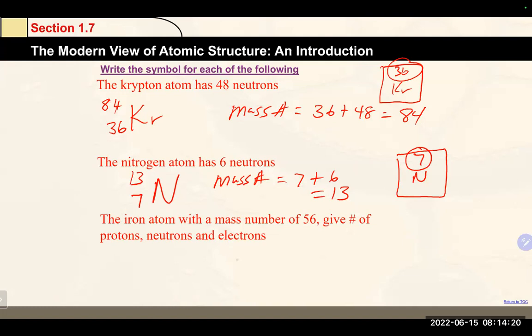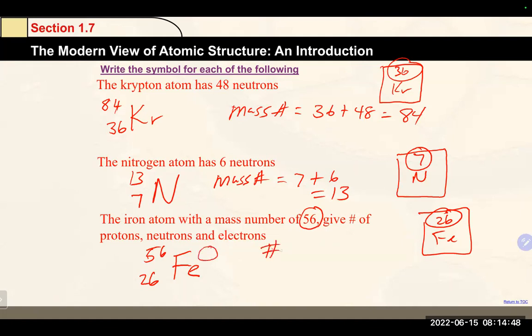For the last one here, we have iron, which is Fe. And if we go to the periodic table, Fe is 26 up on top. So that would definitely be our atomic number on the bottom left. In this particular case, they gave us the mass number, which would be 56 up there. At this point, it also wants to know protons, electrons, and neutrons. There is no charge, so we're assuming it's neutral.